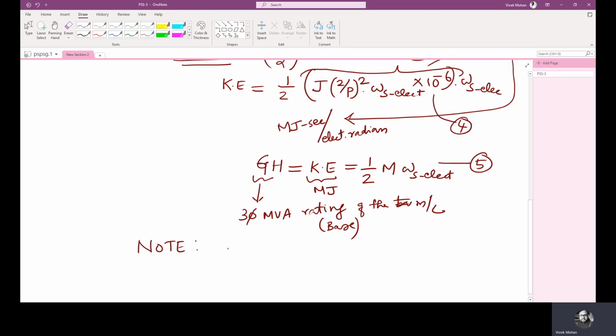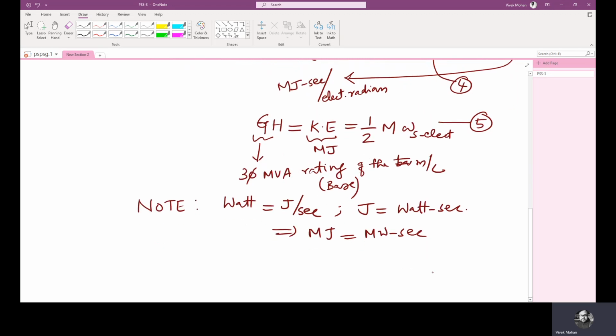unit conversions work. Watt equals joules per second, right? That means joules equals watt second. What about megajoules? Megajoules equals megawatt second, right? Then what about megajoules per MVA?